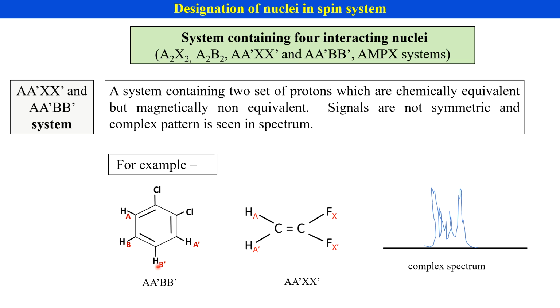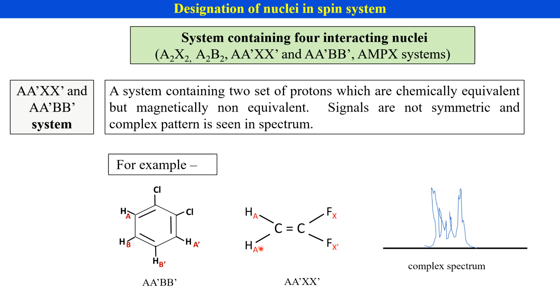Similarly, B and B', they are also chemically equivalent but magnetically non-equivalent. Although their chemical shift values are the same, the coupling is different, and such a complex spectrum is seen in the spectra.